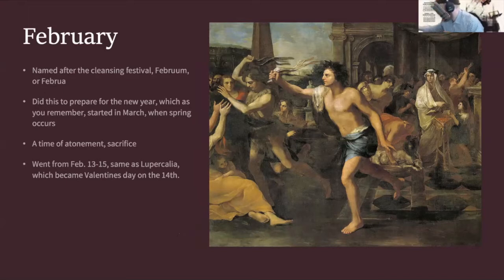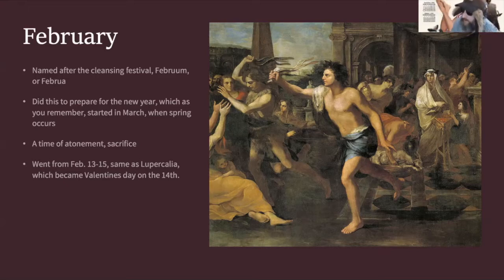So going on to February, it was named after the cleansing festival of Februum or Februa. It's not like everybody's taking a bath; they're whipping each other. If you're watching the PowerPoint, it looks like there's a dude holding a whip or something, and there's another lady.